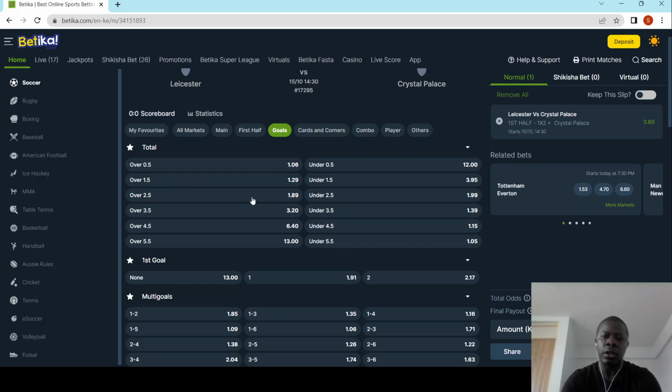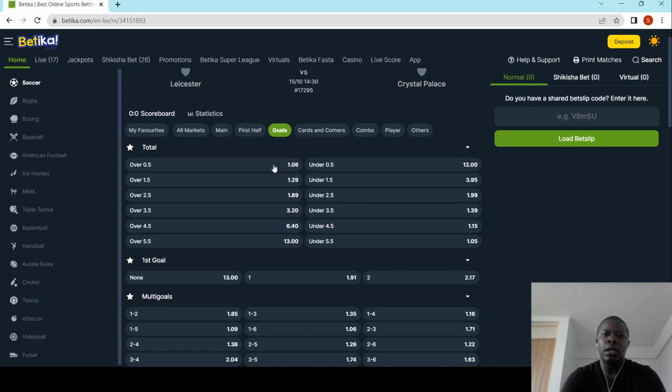In our video, you can look at the various sites that we've listed that you can use to do your analysis and predictions. And probably when you do that, you will be able to tell, is this game going to end in under 2.5? That means 2 goals and below total goals. You can place your bet there.